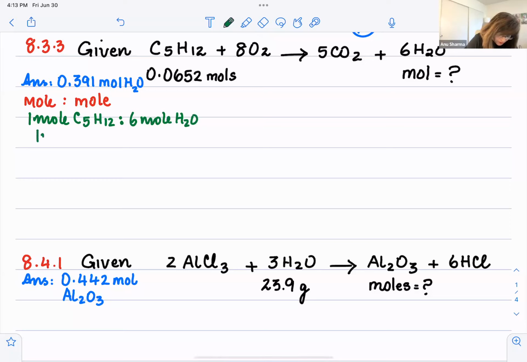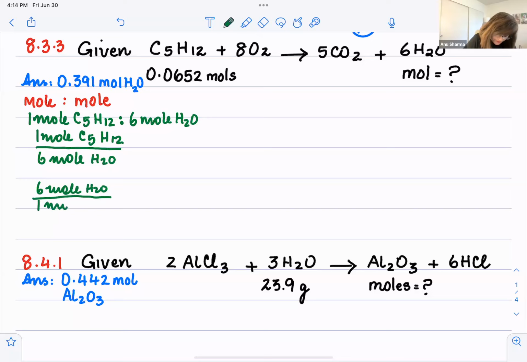So depending what we are trying to convert to and from, we can create 2 conversion factors. So basically this is the equality: 1 mole of A is equal to whatever moles of B. So 1 mole of C5H12 over 6 moles of water is one, and the other is 6 moles of water over 1 mole of C5H12.